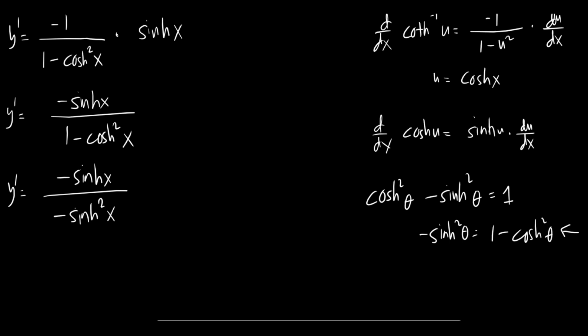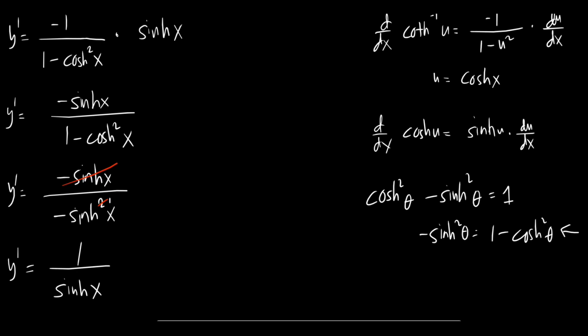So let's simplify this one. y prime is equal to, so we'll cancel this one, and the remaining will be 1. So we have 1 all over, negative divided by negative is just positive, so we have 1 all over hyperbolic sine of x.